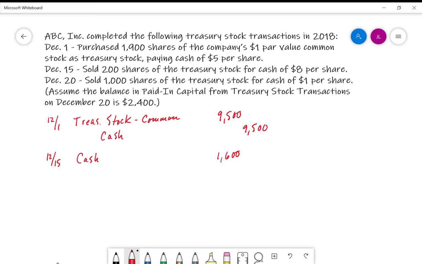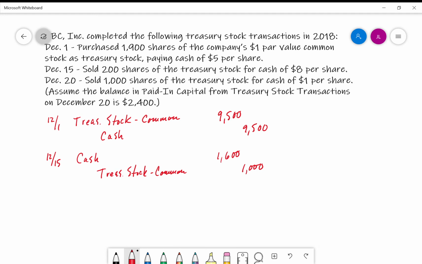And remember, we purchased it for $5 per share. So we're getting rid of 200 shares. So in value, we're getting rid of $1,000 worth of Treasury stock. So we have to credit our Treasury stock. And again, we'll denote this as common.